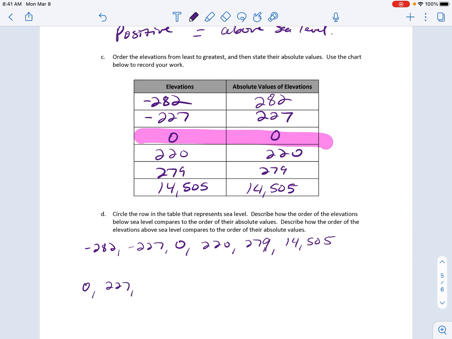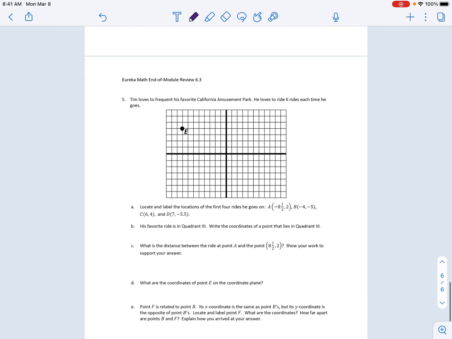We have 220 first, and then 227, then 279, then 282. And then finally, 14,505. Okay. So, order does change. Absolute value does make a big difference.